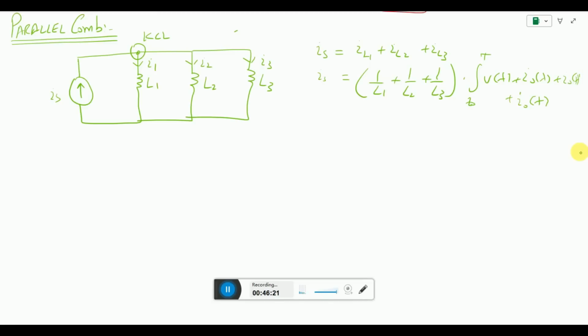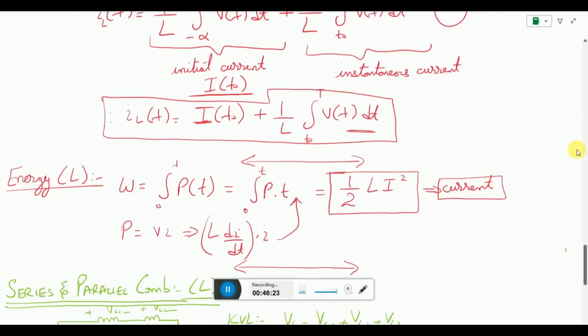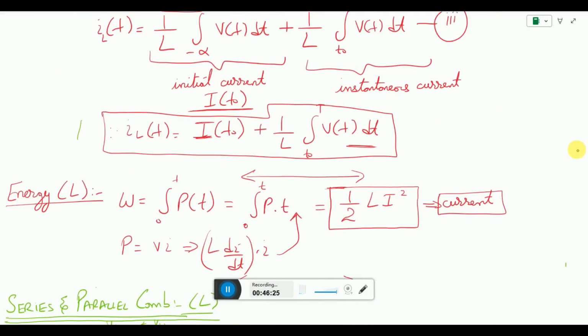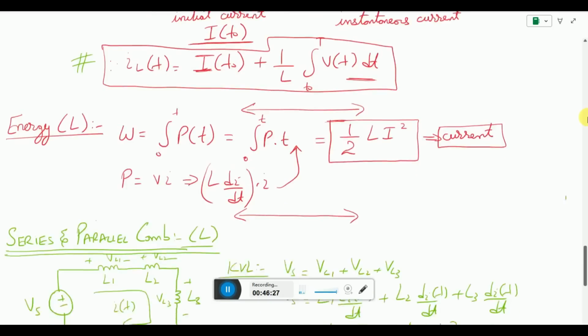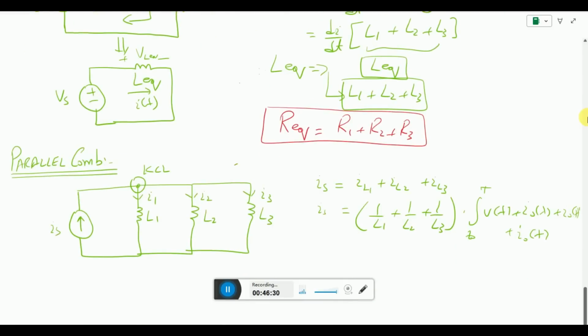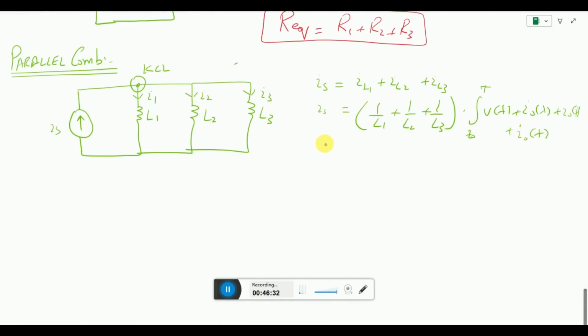So basically I am using the equation of current. This is the equation of the current that we are using for the parallel combination. And finally we again get that 1 by L equivalent is equal to 1 by L1 plus 1 by L2 plus 1 by L3, and the rest of the equation remains as it is.